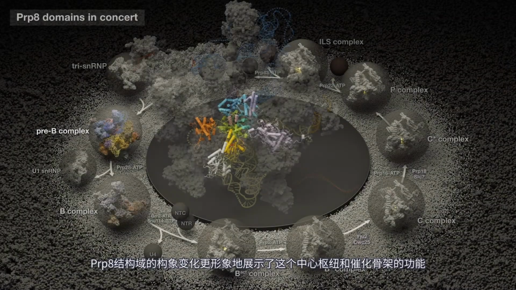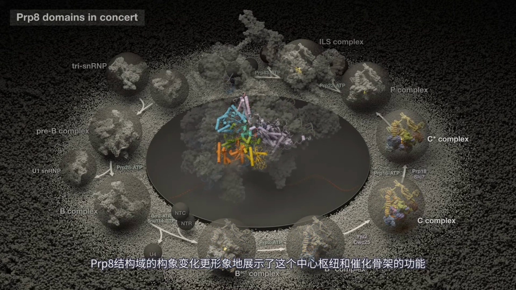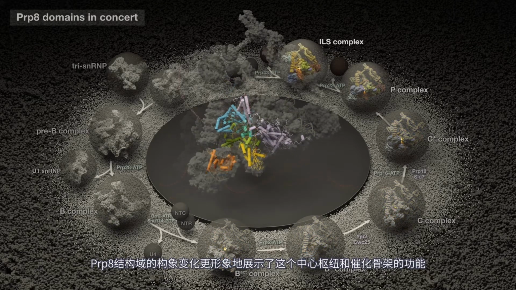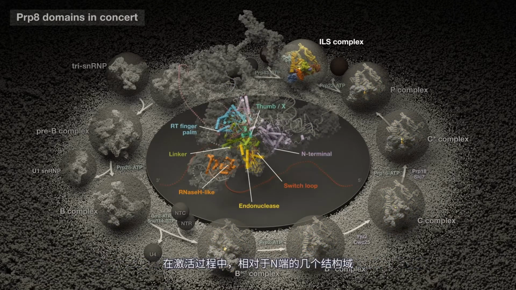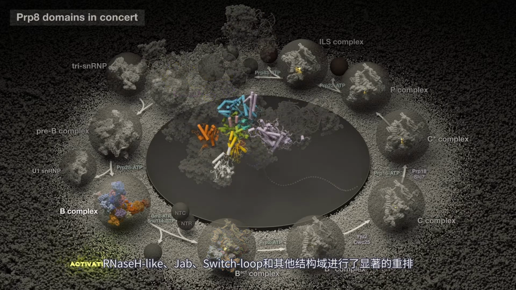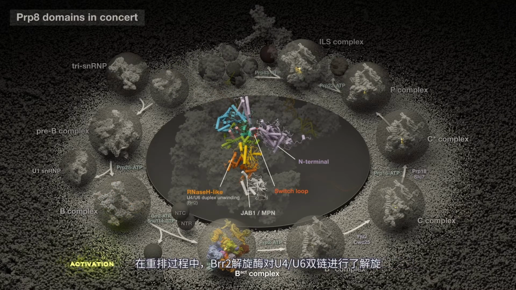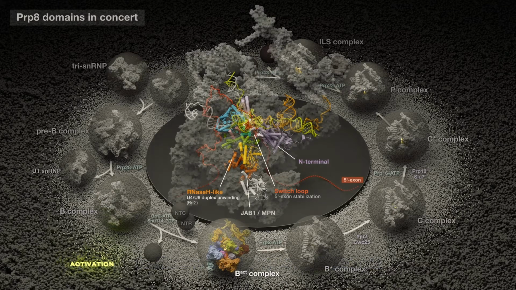A comparative morph of PRP8 domains visualizes functional insights into the central hub and catalytic scaffold. During activation, the RNase H-like, JAB, switch loop, and other domains undergo pronounced rearrangements relative to the bulk of the N-terminal domain, reflecting unwinding of the U4-U6 duplex by BRR2 helicase, stabilization of the 5' exon, and formation of the active site.